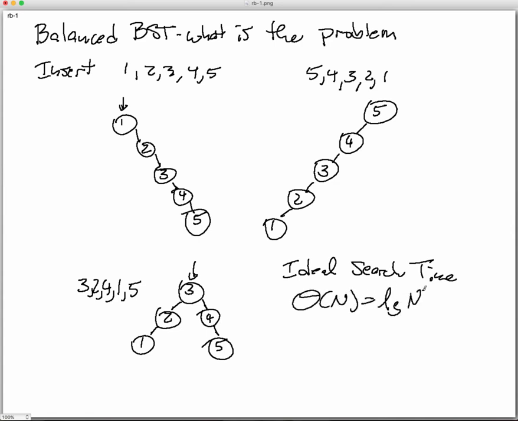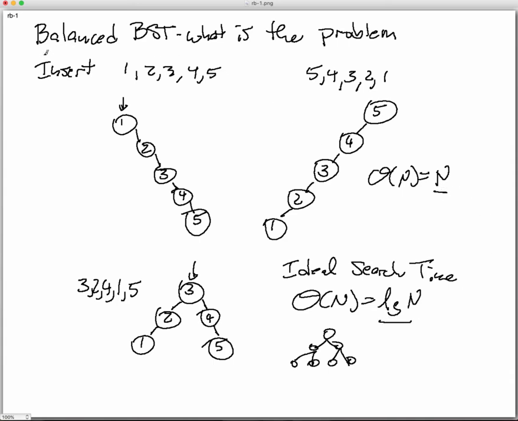In other words, if the tree were perfectly balanced, like this, search time would be log n. On the other hand, when it degenerates like this, we're going to get big O of n is just equal to n. And there's a big difference between log n and n.